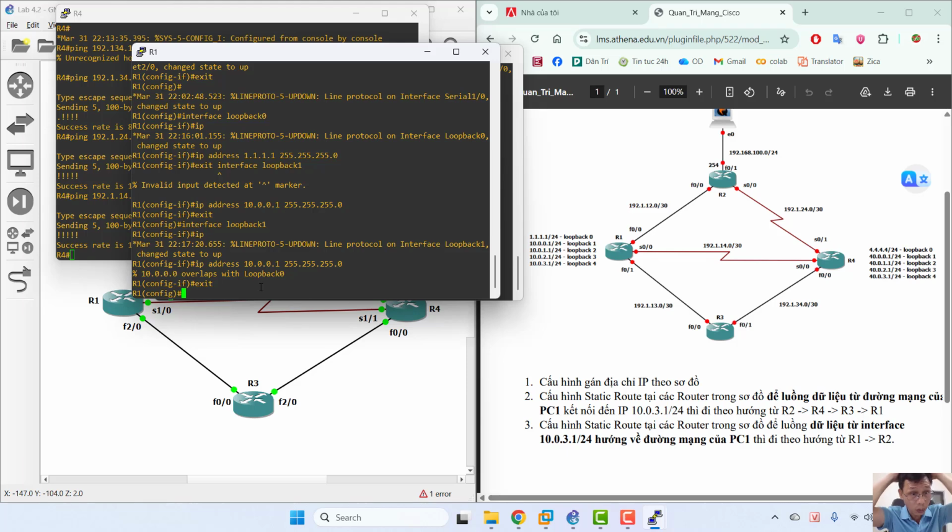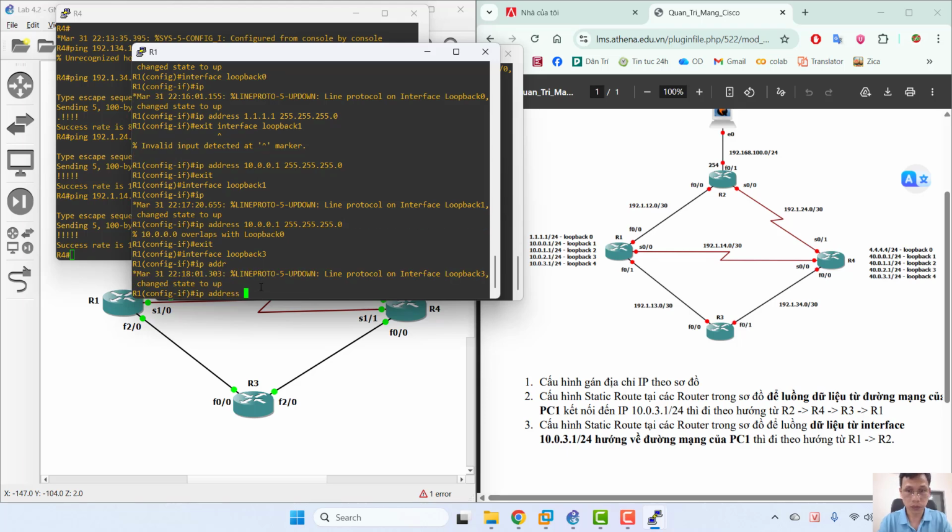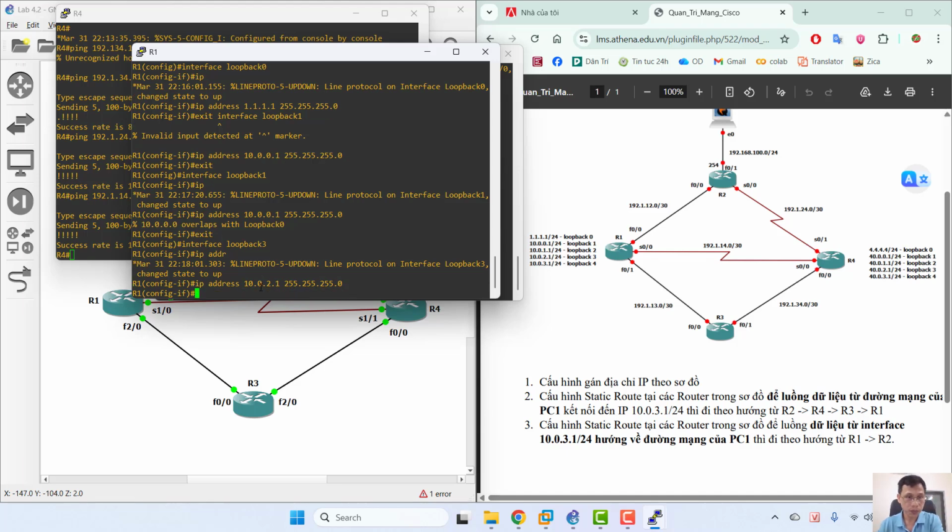Now I configure the loopback 2 interface. Loopback 2, IP address 10.0.2.1, 255.255.255, no, that would be 0.